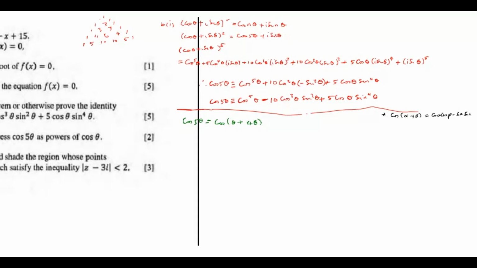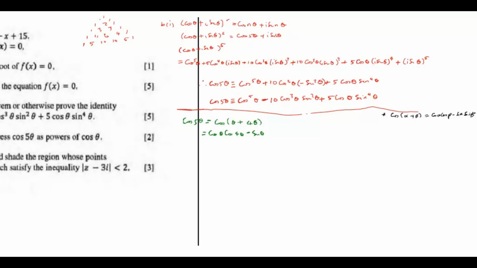So applying that, it will mean that this one is going to be cos theta cos 4 theta, plus, it's minus not plus, minus sine theta sine 4 theta.